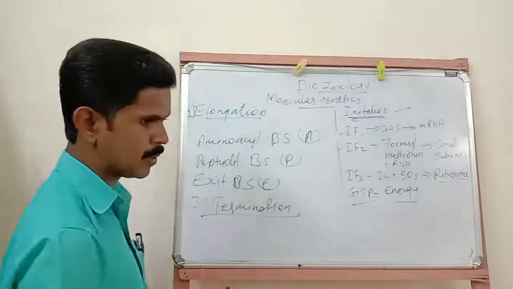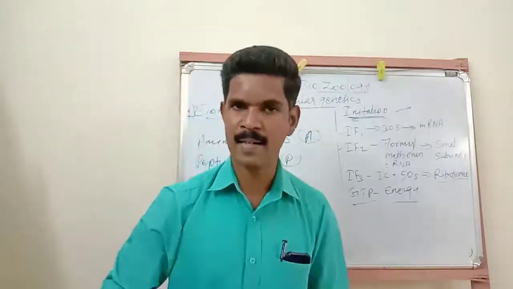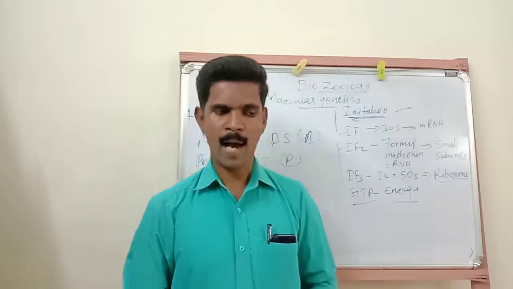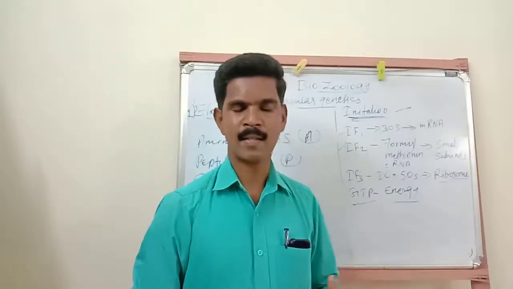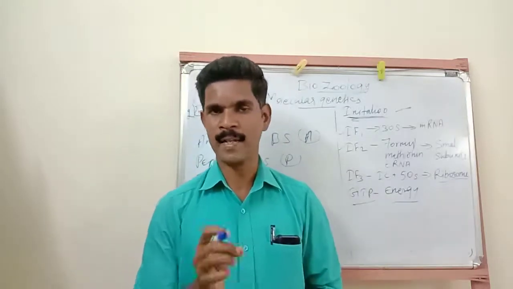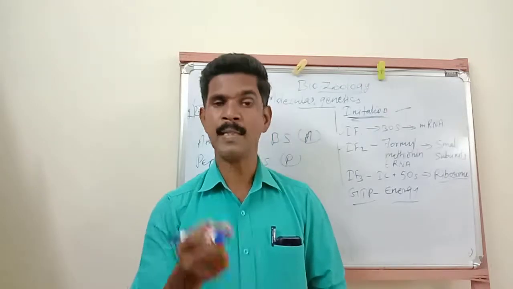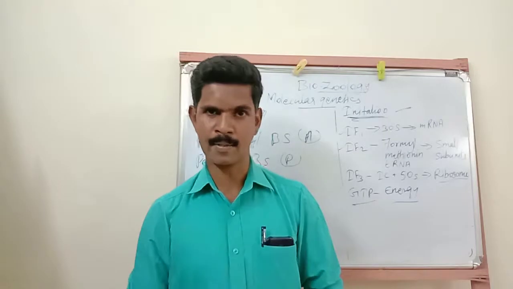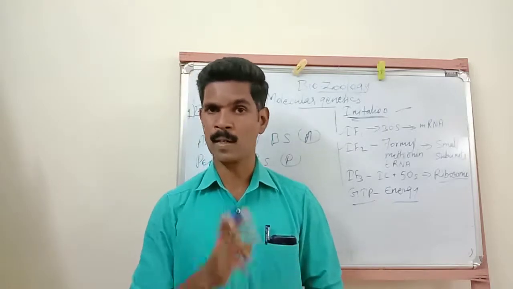Termination is the third phase in the translation process. This termination process takes place when any one of the stop codons appears in the A site. I already told you there are 3 stop codons.